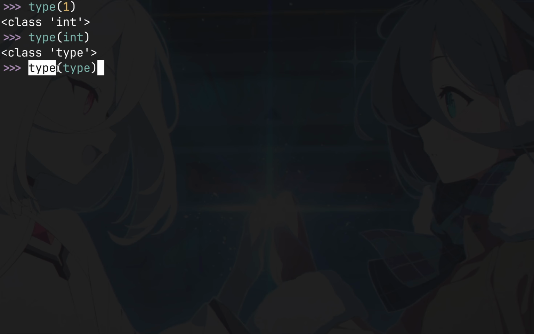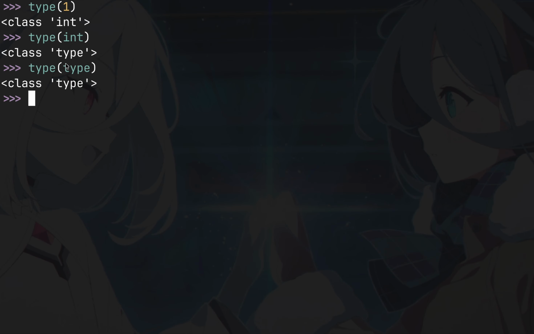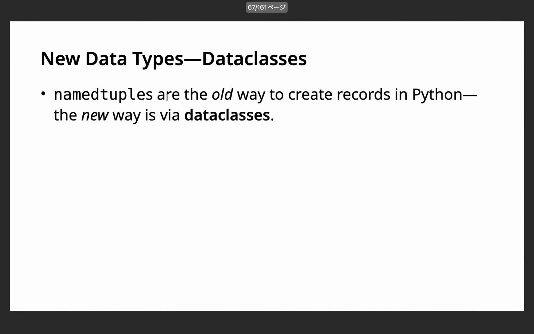So if we get the type of type, what we expect here is, well, it's a type, since that is what it is. It is a type of these other types over here. Okay, that might be a bit confusing, so if you want, think about it for a bit. Why this returns this? But yeah, the point is types are also values.